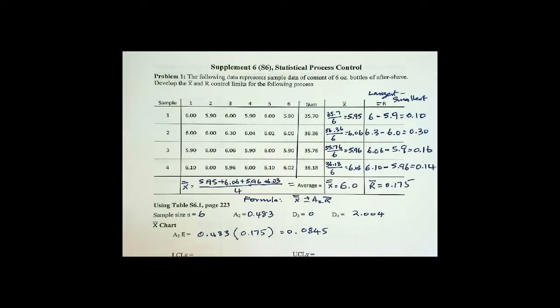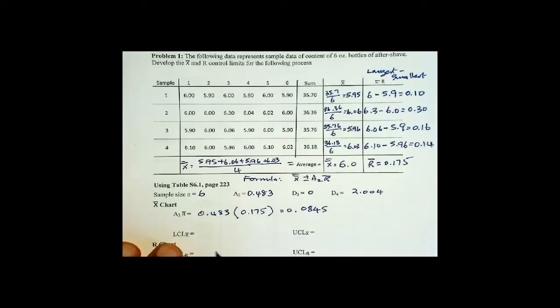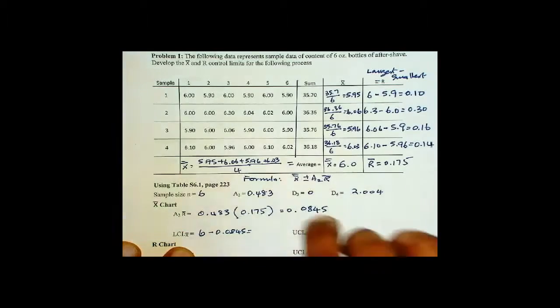Then the lower control limit for X bar is X double bar minus 0.0845, which is 5.9155.